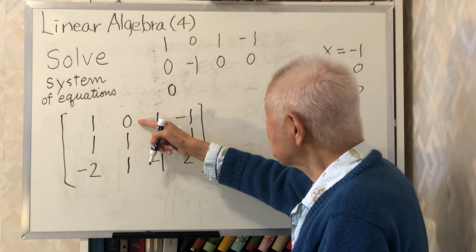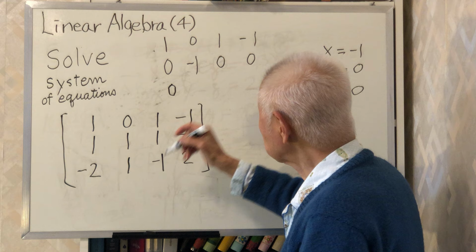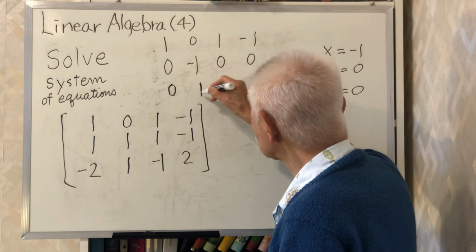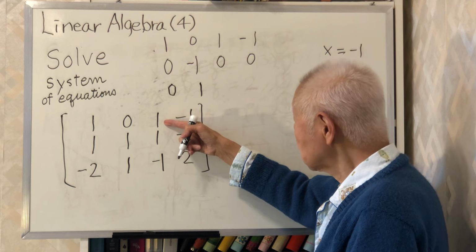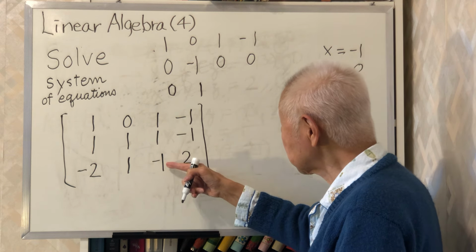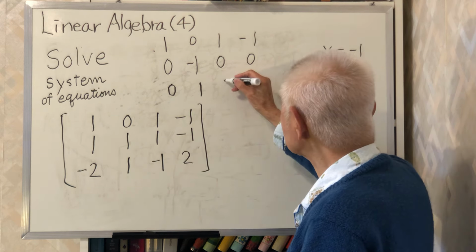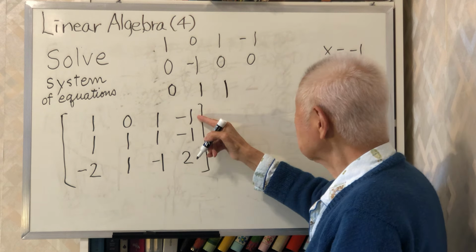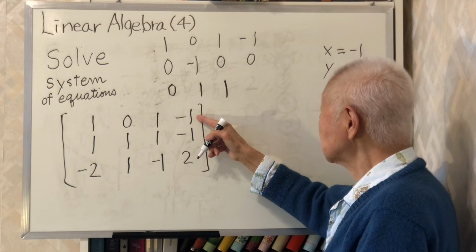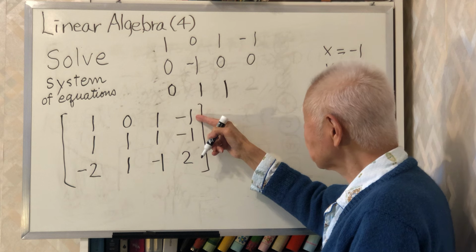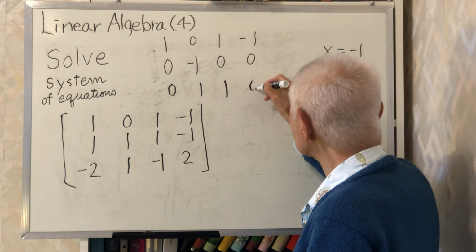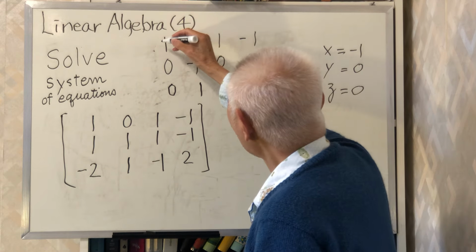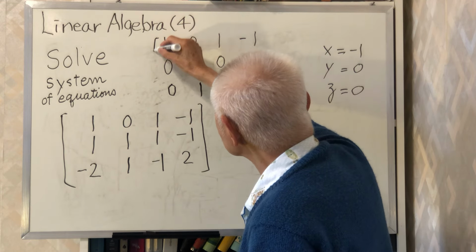Two times 0 is 0, plus 1 is 1. 2 times 1 is 2. 2 plus negative 1 is 1. 2 times negative 1 is negative 2. Negative 2 plus 2 is 0. So I have this matrix.